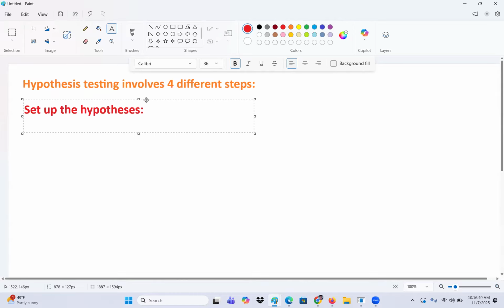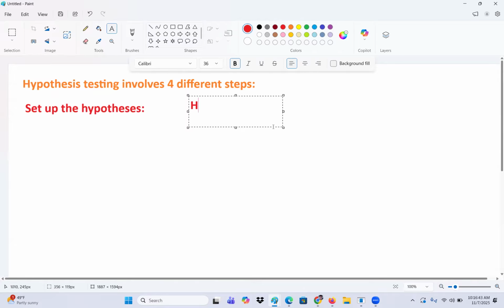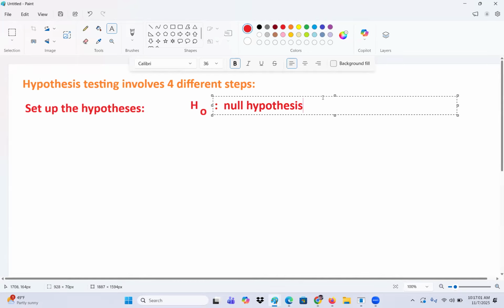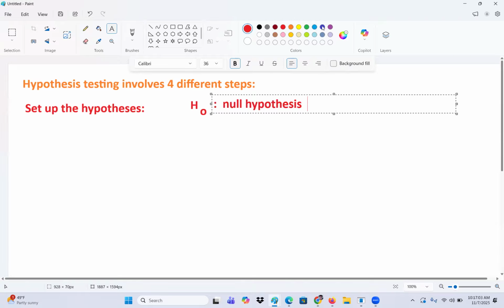The first one we call the H0, which is the null hypothesis. That one is basically what the confidence interval is based upon. This is very similar to the confidence level, right?